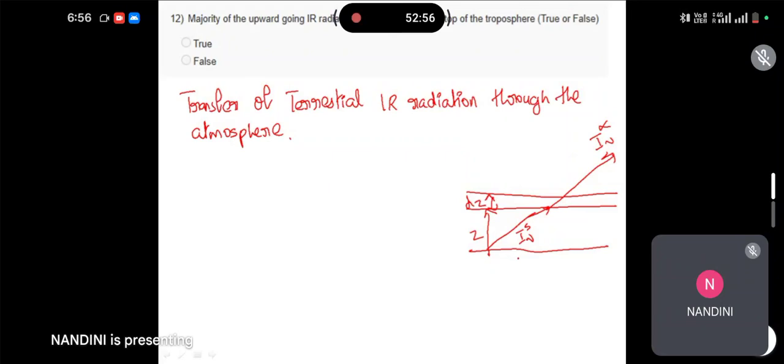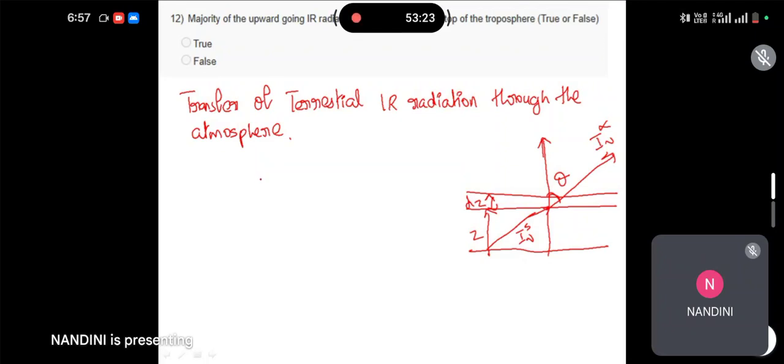So I nu s is what is being emitted from the surface, and I nu infinity is what is being emitted from the top of the atmosphere. So if this is the normal, the radiation is making an angle theta with respect to the normal. So the radiation is emitted at an angle theta with respect to the ground normal.